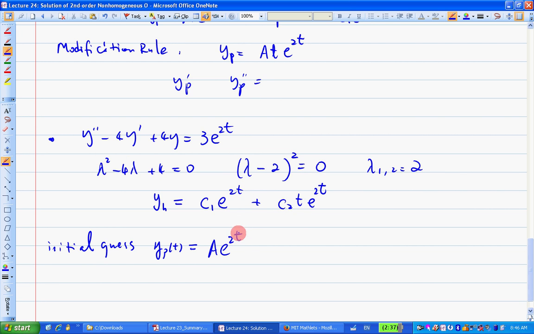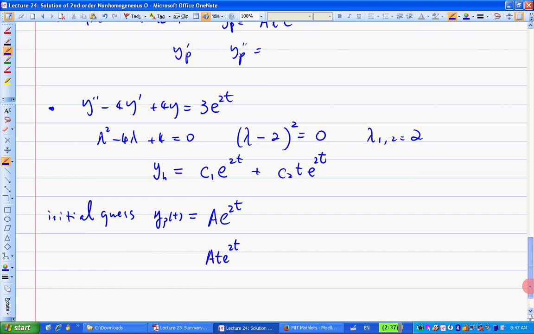This guy duplicates this one, right? So we need to multiply this by t. So then it becomes A t e to the 2t. After modification, you see this t e to the 2t again duplicates this term here. So we need to multiply by t again to make it the final guess of our yp, the particular solution.